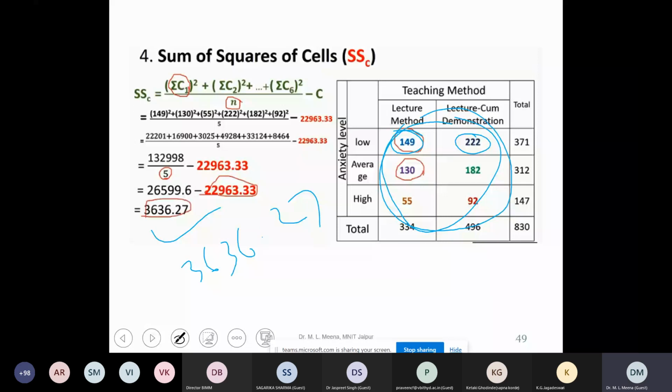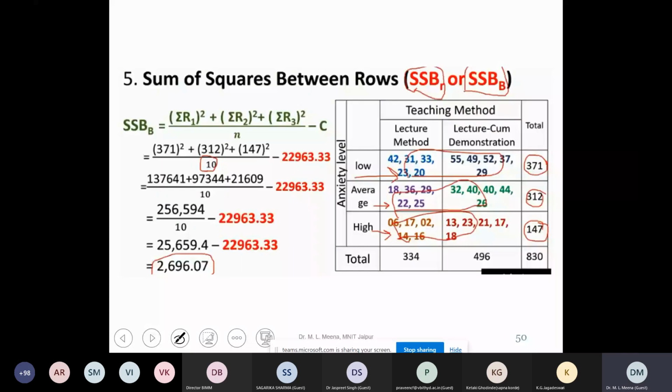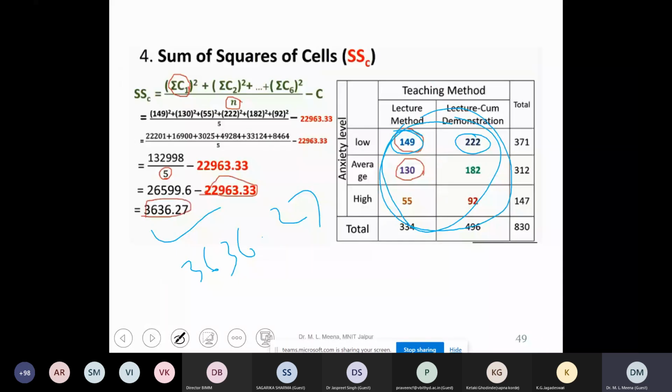Next is sum of squares between rows, SSB. So within groups, find out the rows value. In this case, we calculated column value using column methods, and in this we use row methods.